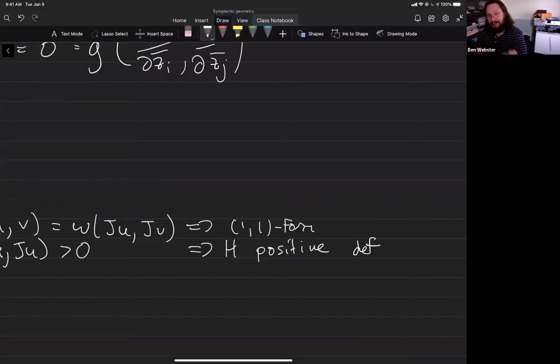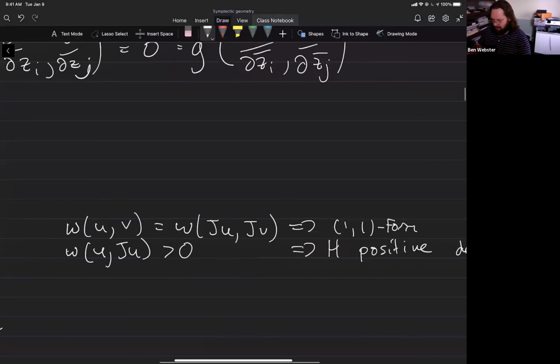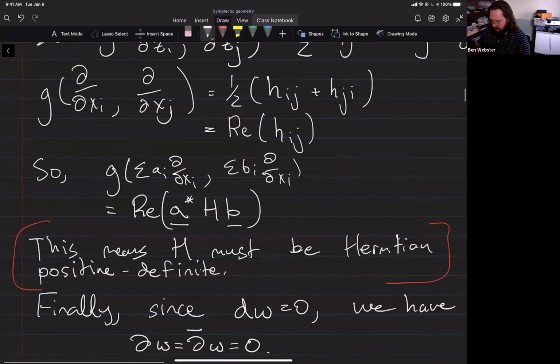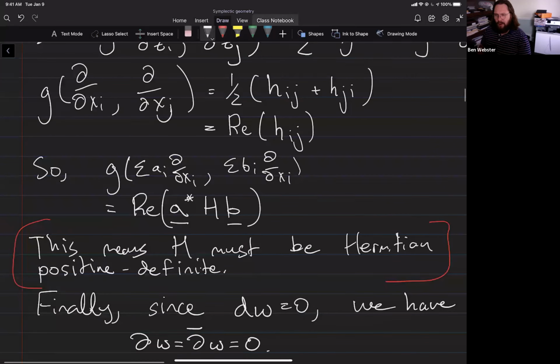So it's better to think about this H that we ultimately want to be positive definite. That's an extra condition on the complex structure and the symplectic form and how they play together, but there's no good way to say it without just writing out what the metric is and saying this had better be positive definite. Any questions?